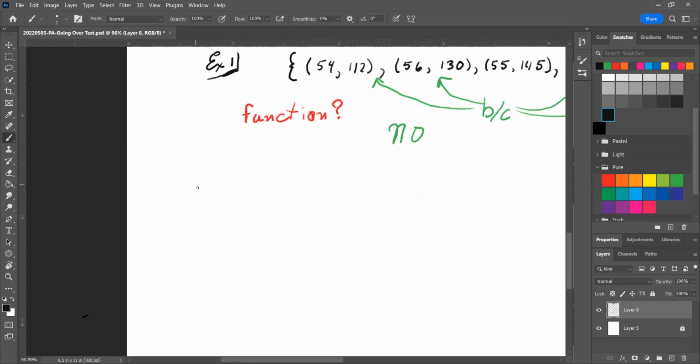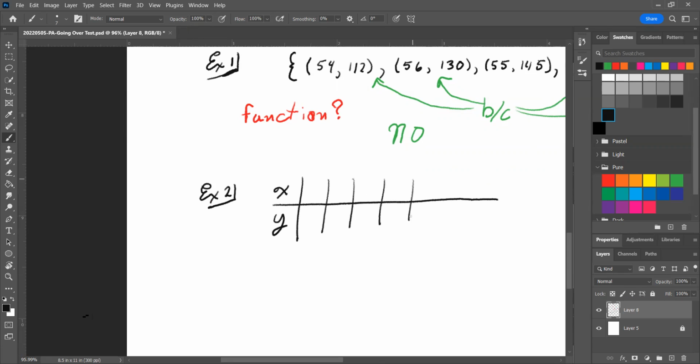So is this a function? Is that one a function? Yes or no?